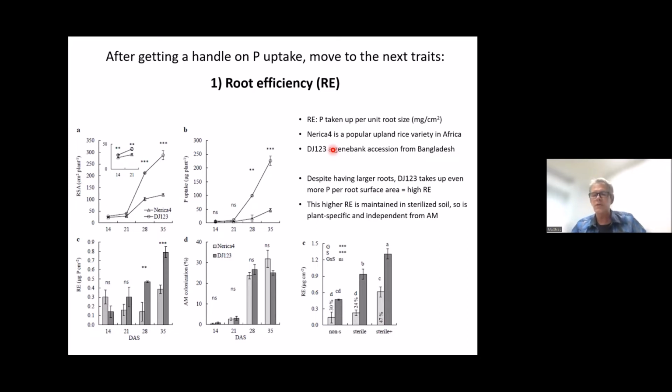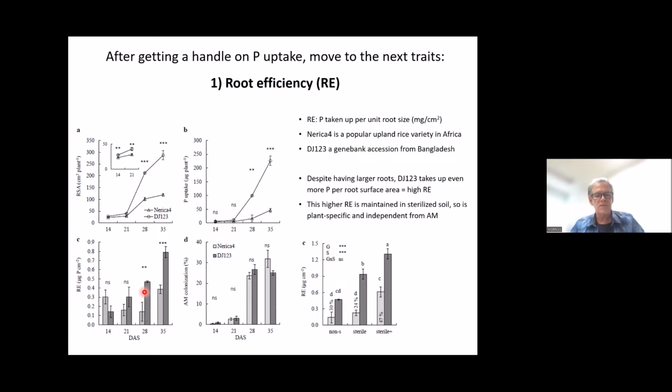The contrasting genotype we use is DJ123. It's a gene bank accession from Bangladesh that we found in our screening experiments of gene bank accessions. We can see here that the gene bank accession DJ has much larger roots, but then it has even higher phosphorus uptake. That means that overall, the roots have even increased efficiency in uptake.